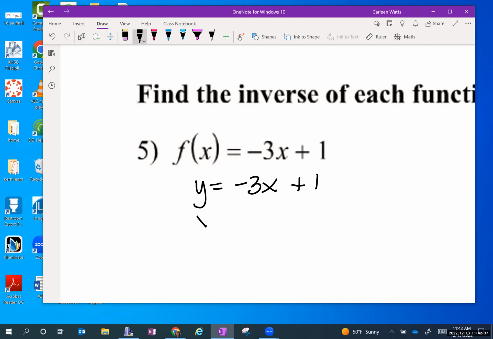Switch. Next step. All right, minus 1, we are solving for y. Those are not like terms.